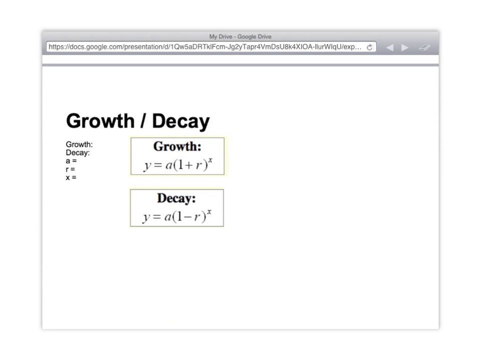Let's talk about growth and decay for a second. In particular, a growth equation might be a times 1 plus r raised to the x. A is the initial amount before measuring growth or decay. R is the growth or decay rate, it's often a percent, and x is the number of time intervals that have passed.